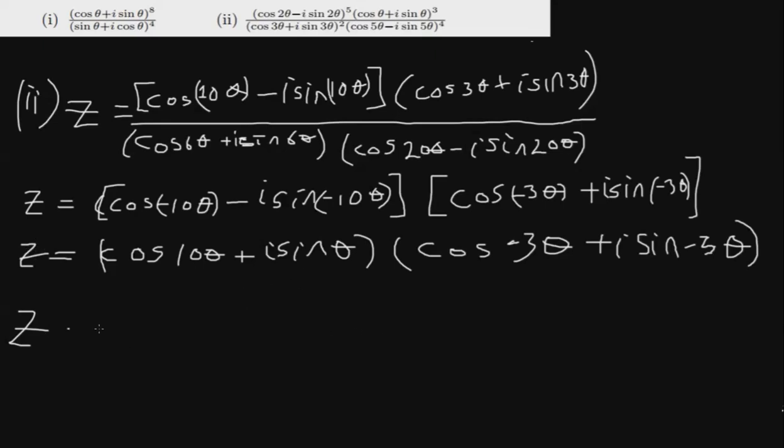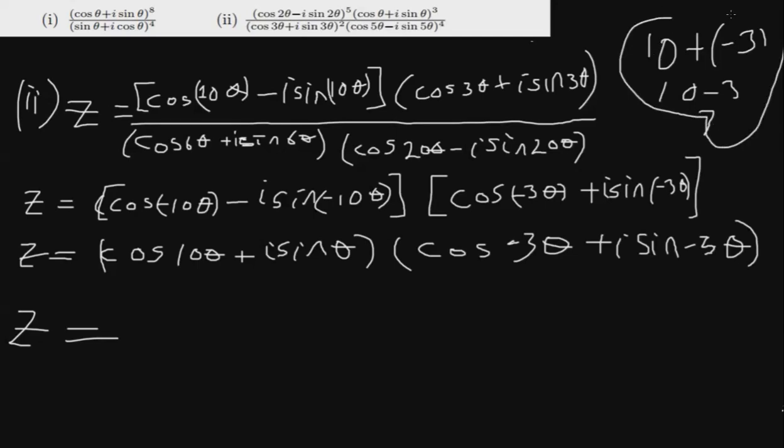So we go on to say, when you're multiplying complex numbers, you simply add their arguments. So I'm going to add 10 plus negative 3 theta. So 10 plus negative 3 is just the same as 10 minus 3, which is equal to 7. Yeah. So we're going to have 7 theta as our argument.